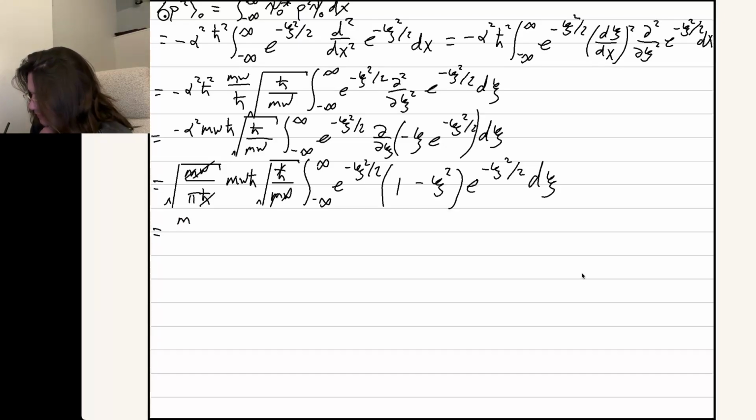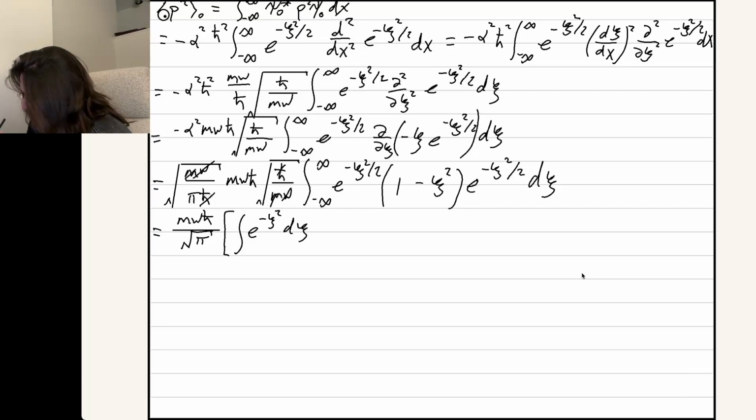So it's just m omega h bar over root pi. And then we're going to split the integral into an integral of e to the minus c squared dx and an integral of minus c squared e to the minus c squared dx from minus infinity to infinity.